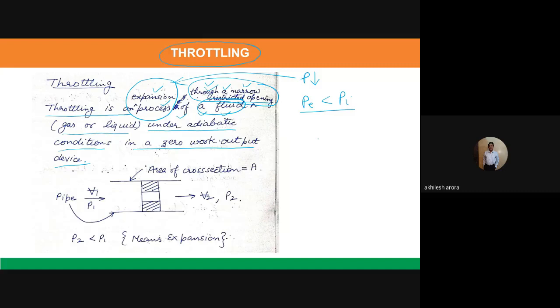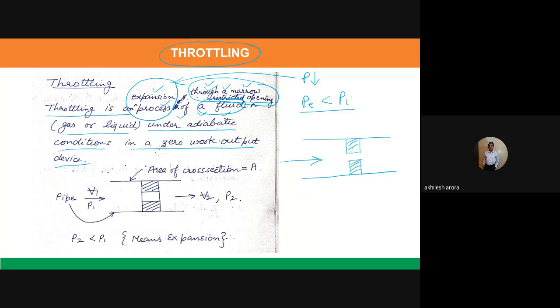Suppose the flow is taking place in a pipeline here, and there is some restriction there. Suppose the area is reduced, so there is some blockage.